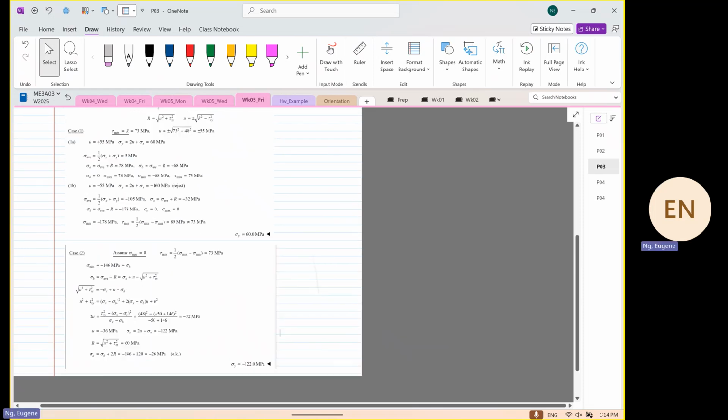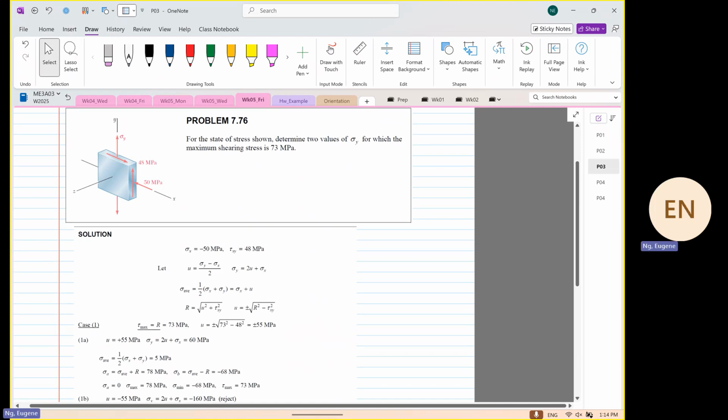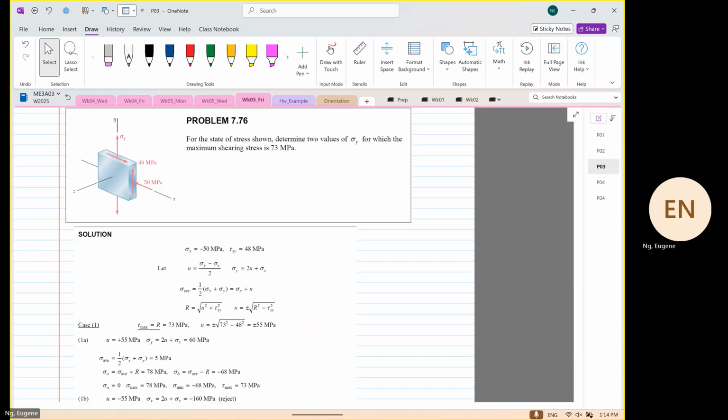So you see over here, okay? We are going to determine the two values of stress Y for which the maximum shear stress is 73 megapascal. One of the stress directions is equal to 0, which represents our stress Z. Okay?